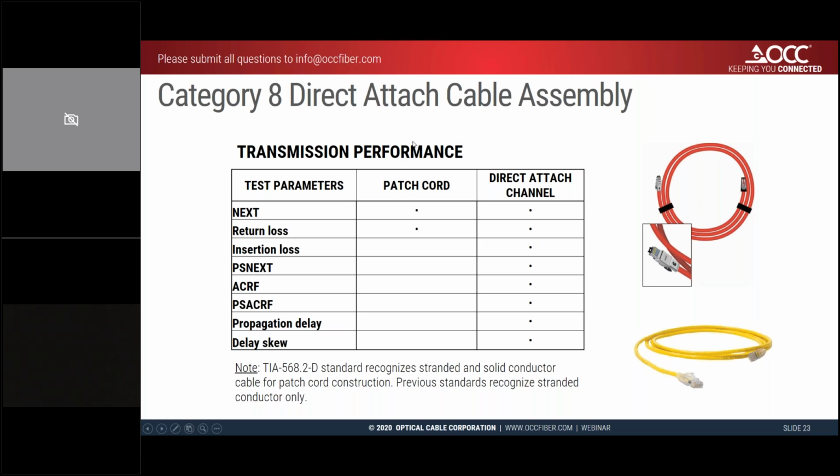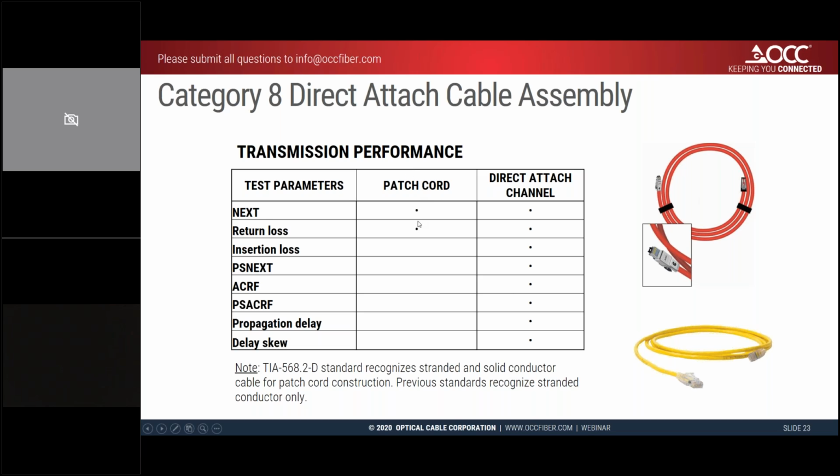And here's showing you a comparison of a patch cord versus a direct attach channel. You can look at this picture on the right and see that these things do look similar. It's just a cable with plugs on the end. However, there are some differences, and the transmission performance parameters they get tested for is a biggie.